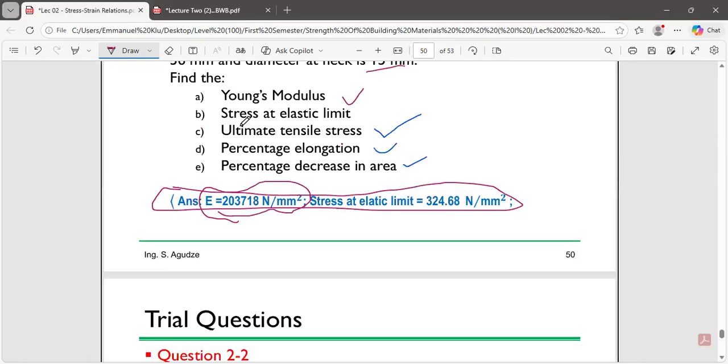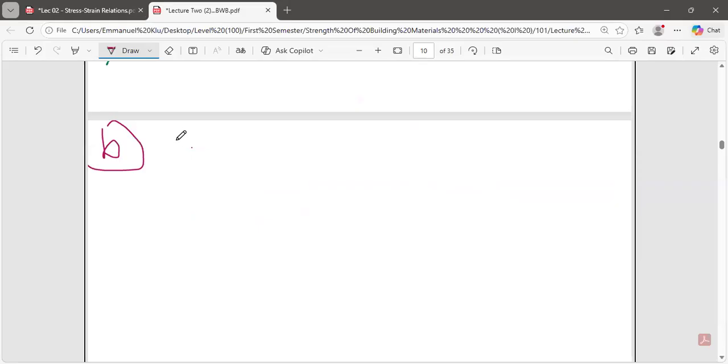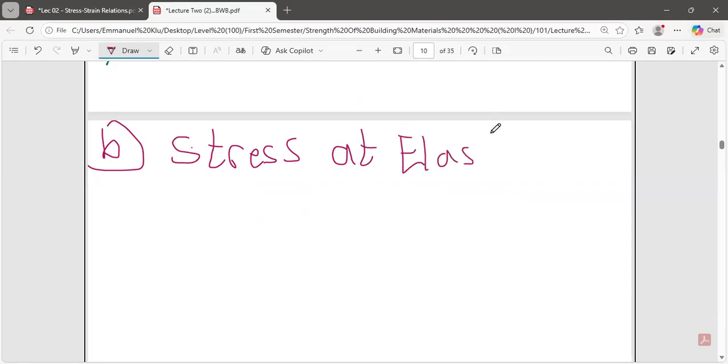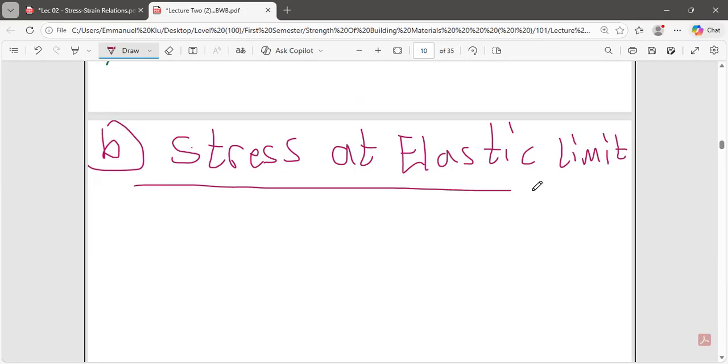Let's say this is our stress at elastic limit. Let's calculate for the stress at elastic limit.